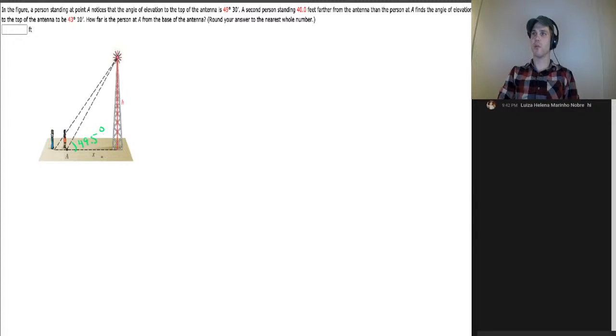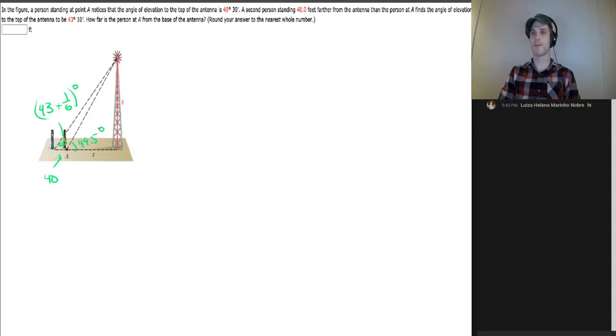A second person standing 40 feet farther from the antenna, so this distance here is 40, finds the angle of elevation at the top to be 43 degrees 10. So this angle in here is 43 degrees 10 minutes, which is 43 1/6 degrees. How far is the person at A from the base?